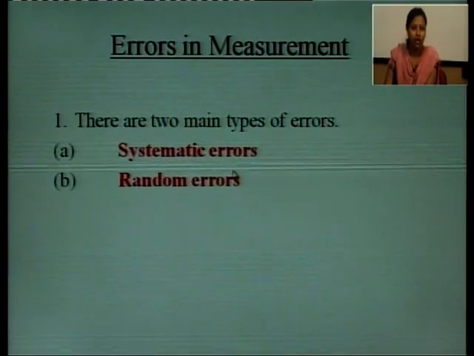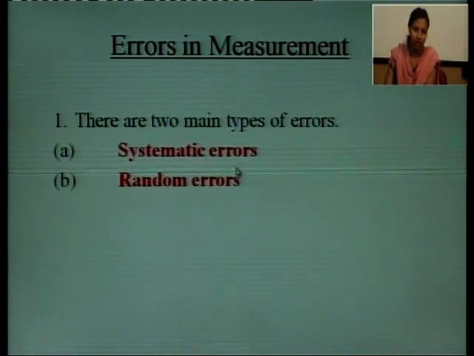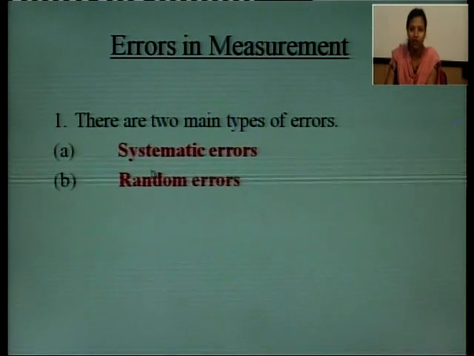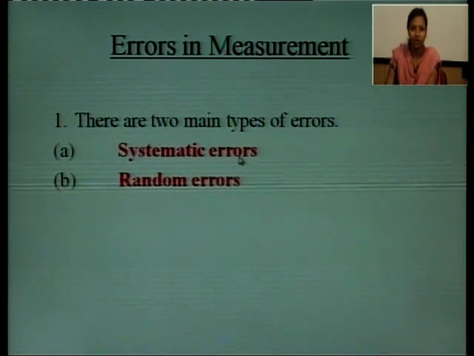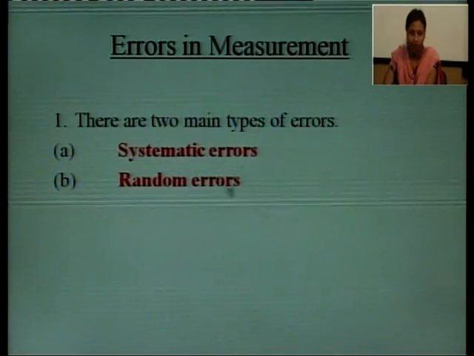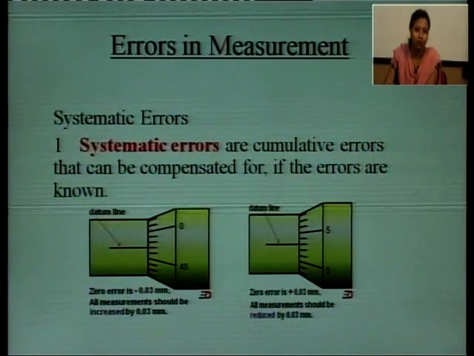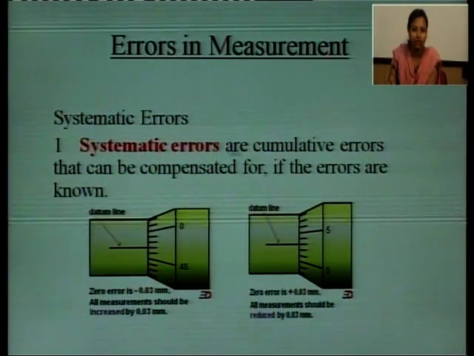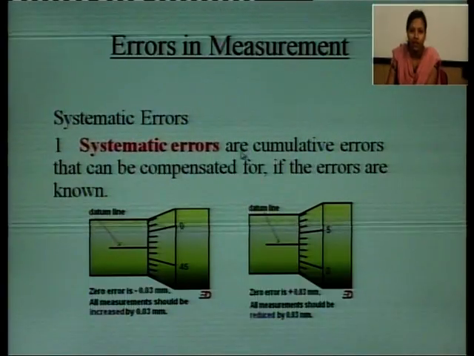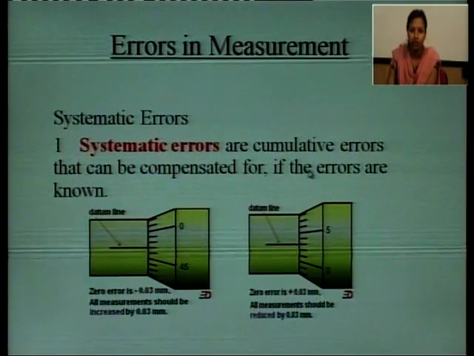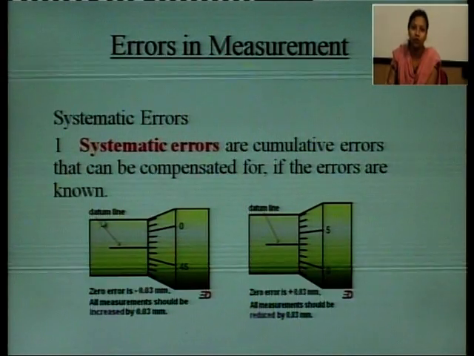There are mainly two types of error involved during the measurement of any physical quantity. First one is systematic error and second one is random error. So what is systematic error? Systematic errors are cumulative errors that can be compensated for if the errors are known.